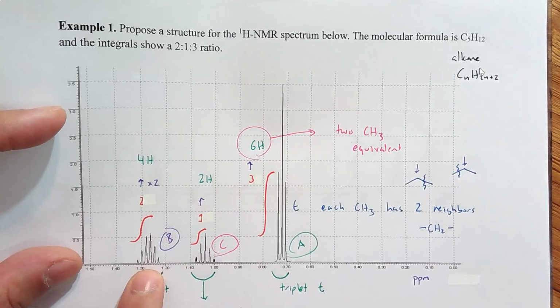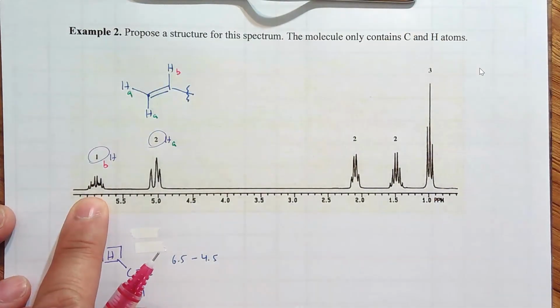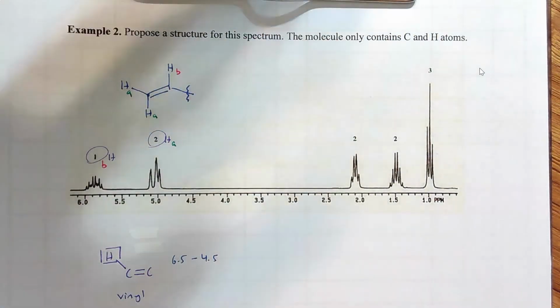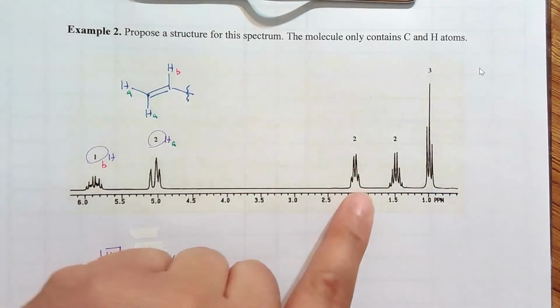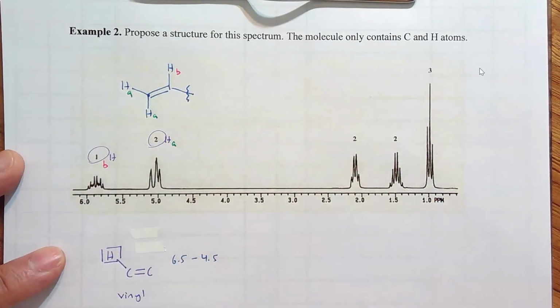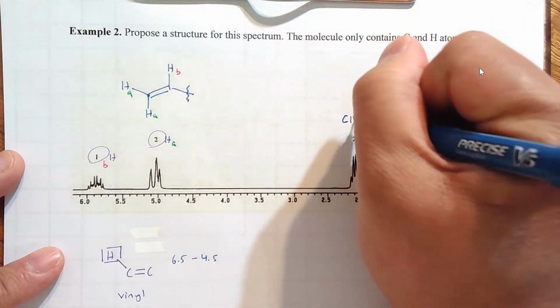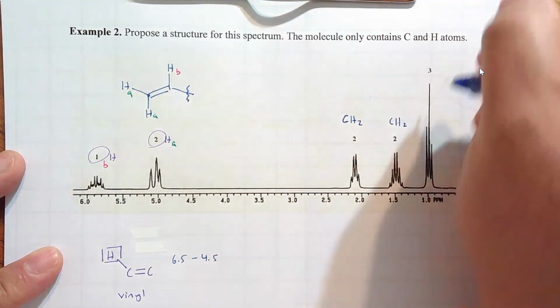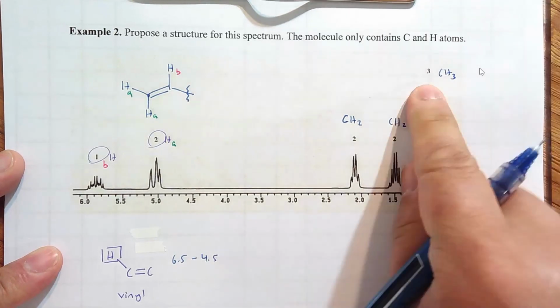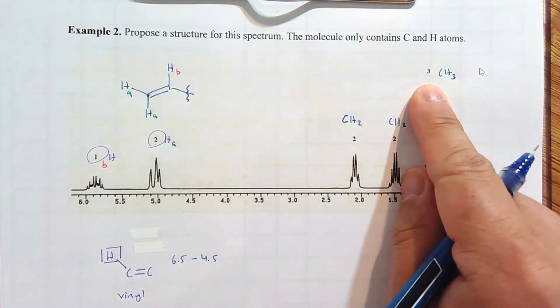It's pretty symmetrical, good looking, right? But this one is horrific, okay? I'm not going to even try to predict why it splits like that. But look at what's on the right. I predict that you have a CH2, CH2, and a CH3 just based off of the integrals.